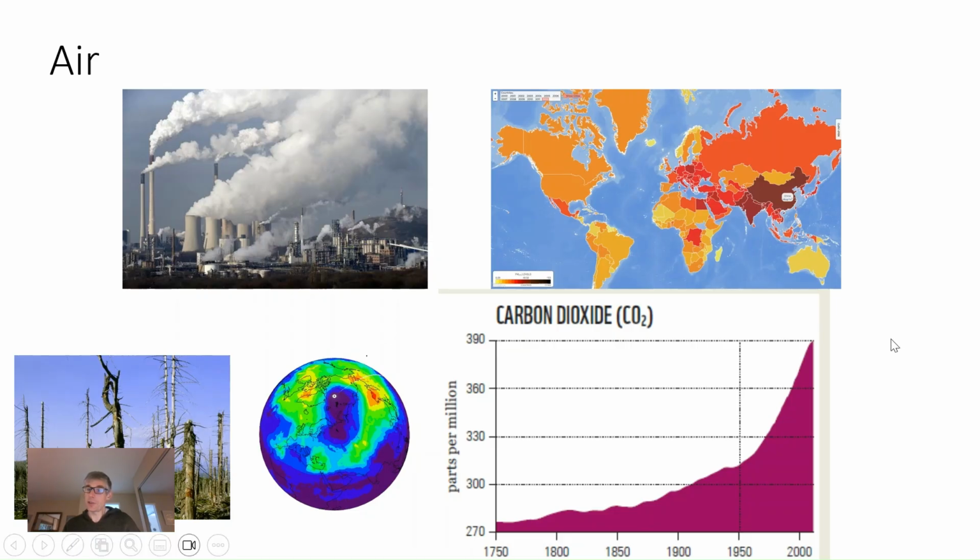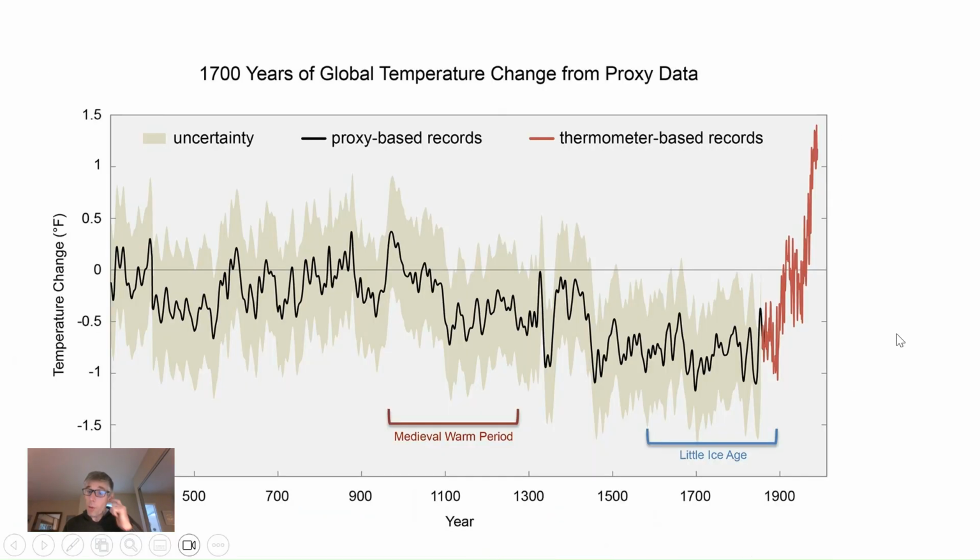What's the consequence? Well, we all know about global warming, and so this is a global temperature chart, going from the year 300 right through to the present. What we use is thermometer-based records in more recent years, and then going back into the past, we're using proxy records, which basically are ice, bubbles in ice, tree rings, coral growth, all of these things which we can look at.